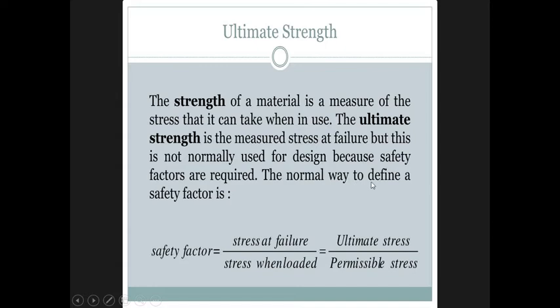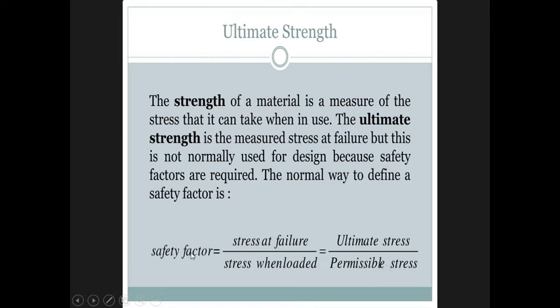The normal way to define a safety factor is: safety factor is equal to stress at failure divided by stress when loaded, which is equal to ultimate stress divided by permissible stress. So the stress at failure is the ultimate stress, and the stress when loaded is the permissible stress.